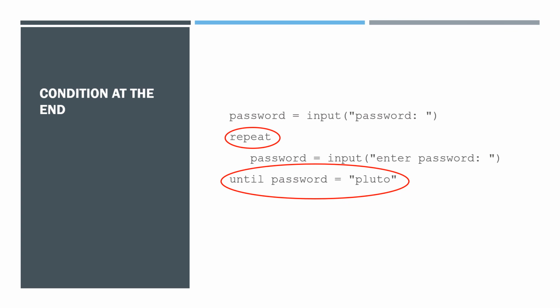The main difference here is that there's no need to set the condition before the loop begins, because the loop will be carried out at least once before you get to the test. So in some ways this is a simpler form of writing a loop. However, there isn't a repeat structure in Python.